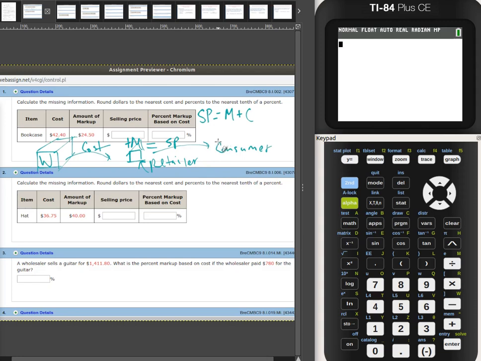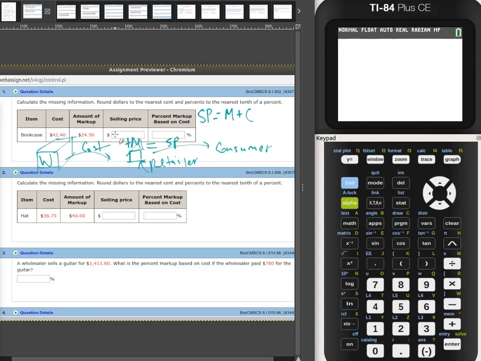And let's actually make some of these calculations. So their cost that they bought the bookcase for is $42.40, and then they add a markup of $24.50. So why don't we just do that little addition here? And is it even worthwhile to put this one into the calculator, guys? I know that you can do it anyways, since we got so much practice with the adding.